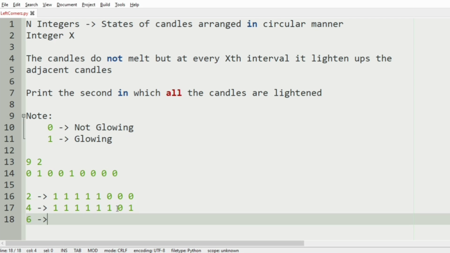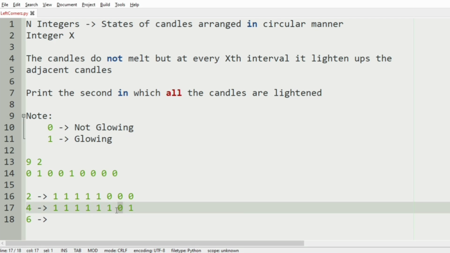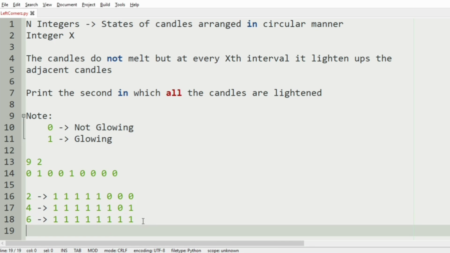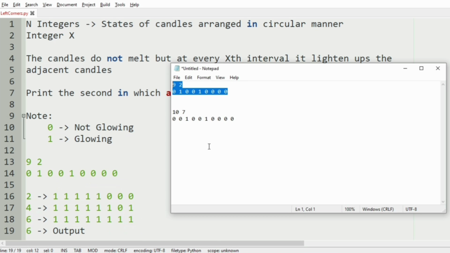And for the 6th second, this will light up this candle, and also this will light up this candle. So every candle will be glowing. So now this will be our output, that is the 6th second in which all the candles are lightened.